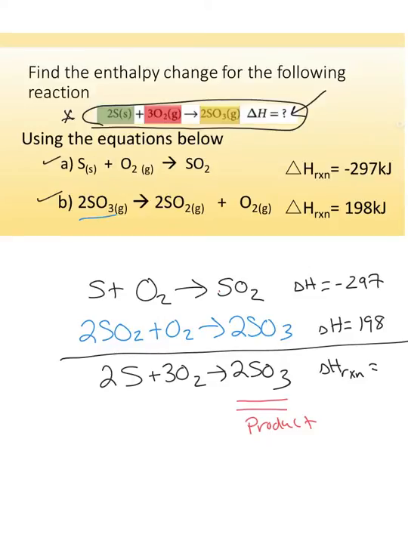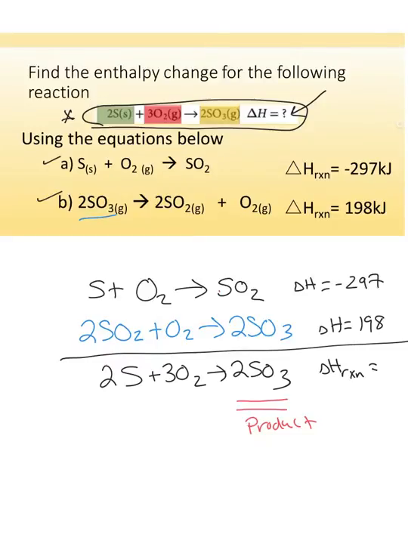Okay, very good. Now the reactants are on the left side and the products are on the right side. So S is here, S is here, so they're both reactants. O is a reactant, O here is also a reactant, so all of that is good. Now the next thing: these still don't add up, because in the individual reactions I have SO2 and there's no SO2 in the overall reaction.